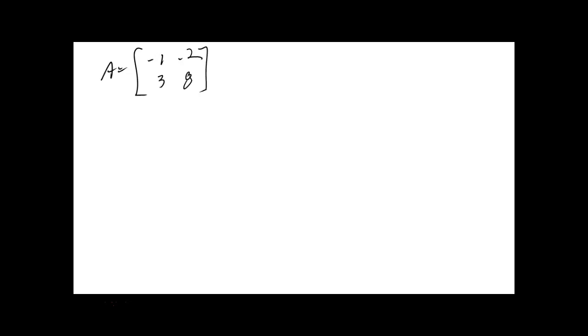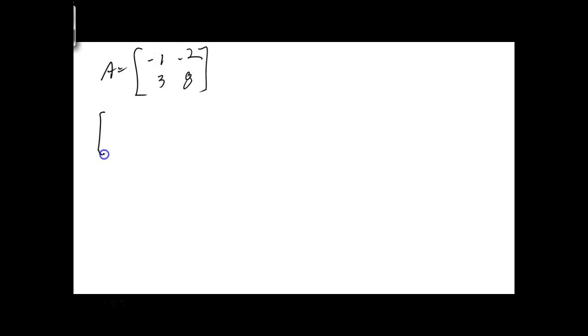Now, how do you do that? What would be the first step you would do to row reduce that matrix? -1 times the first row.